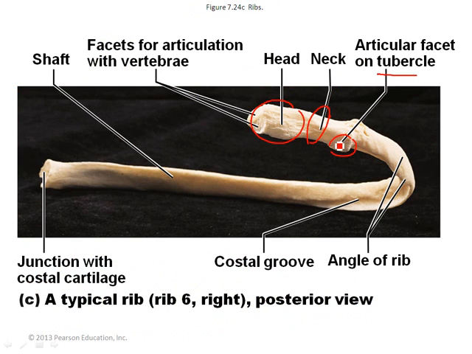Then you have this long shaft, and where it kind of bends around is called the angle. And then you have this flat end, which is where it articulates with the costal cartilage. So this is a rib, and you need to be able to recognize the head, the neck, the tubercle, the shaft, and this costal end.